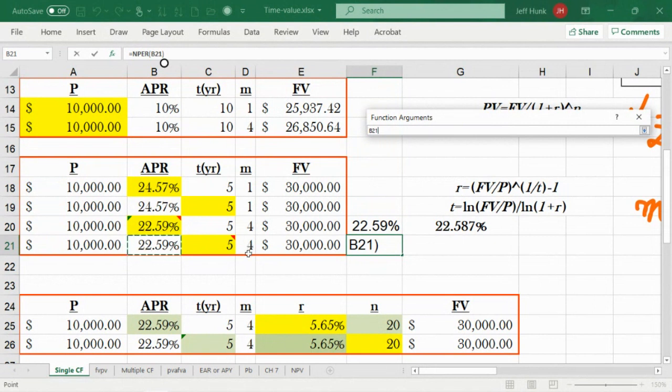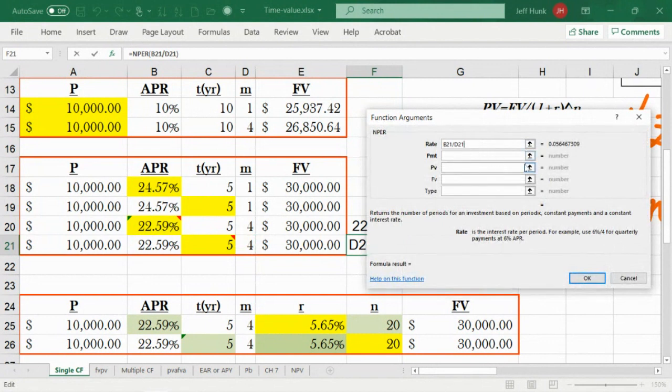If you understand the narrative, you will adjust it. As you enter this APR, that's not the rate. The rate is always the periodic rate. So you will make that adjustment. It's going to be B21 divided by D21. So that goes in there.